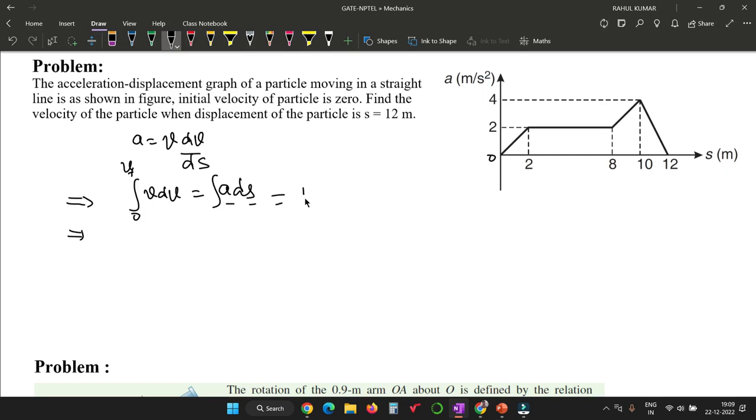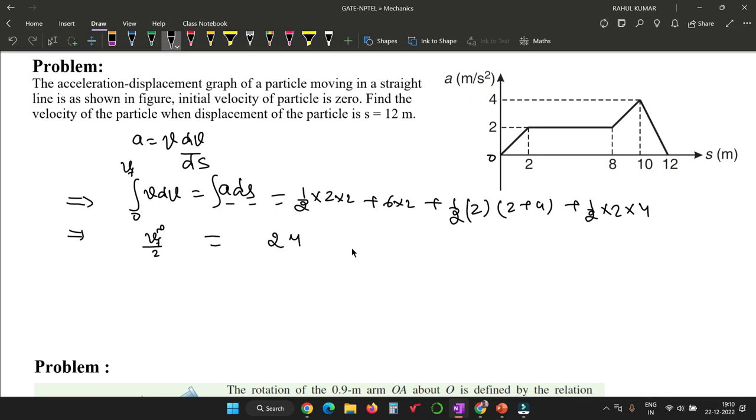So what will you get? 1 by 2 into this triangle, 2 into 2, plus 6 into 2, plus 1 by 2 times the area of this trapezoid, 2 times 2 plus 4, plus 1 by 2 into 2 into 4. Am I right? And it equals Vf squared by 2 minus 0. And what is this?